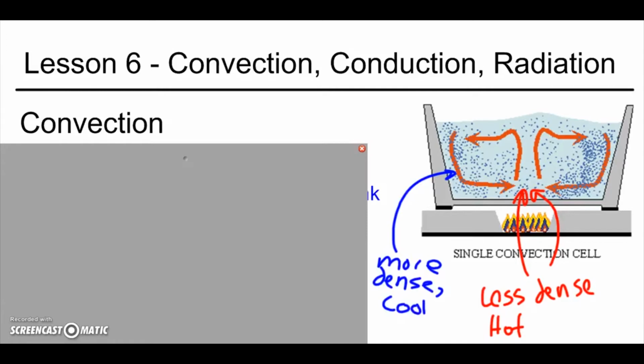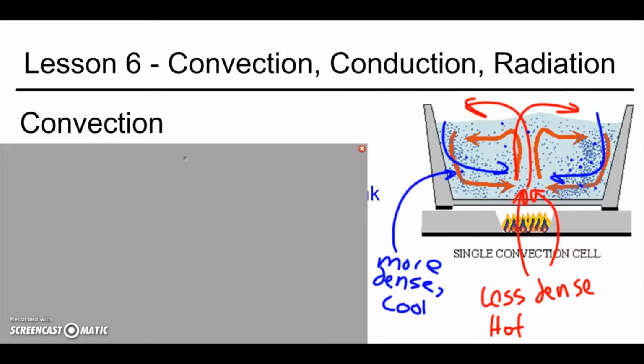And that less dense material, of course, is going to want to come up and around. And that more dense material comes down. You can even see it in the dots. There are a lot more dots over here in the cool material, and the dots are a lot more spread out in the hot material.